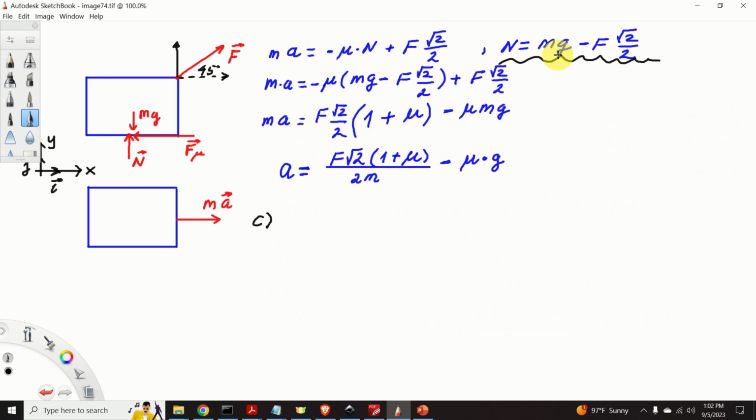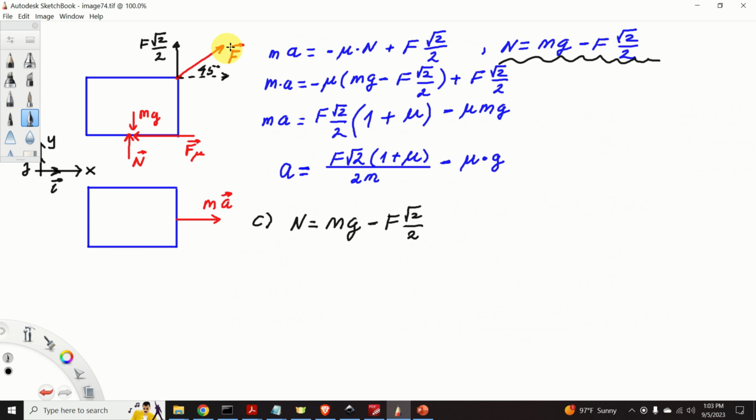This equation originates from the projection of the equation of motion onto the y-axis. So let's write it over here. N is equal to mg minus F square root of 2 over 2. And this value again is the vertical component.